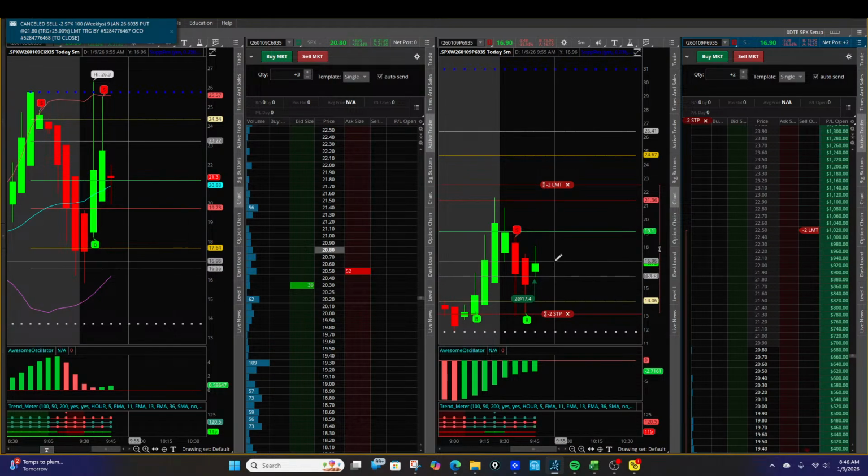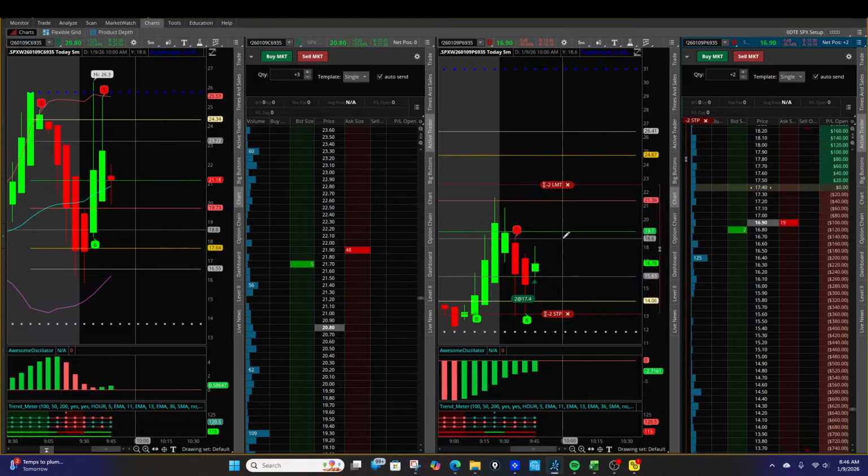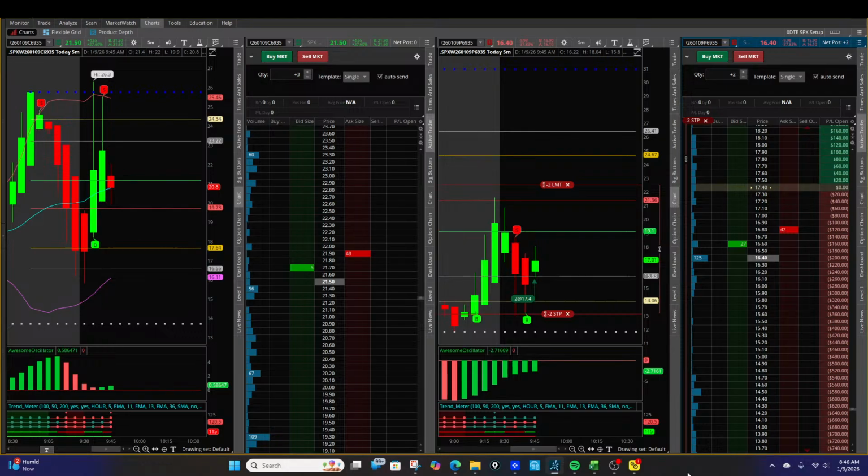Okay, and it's got to go through this green line and the red line. And so we're going to see if this has enough juice to send it through those lines, those resistance lines.